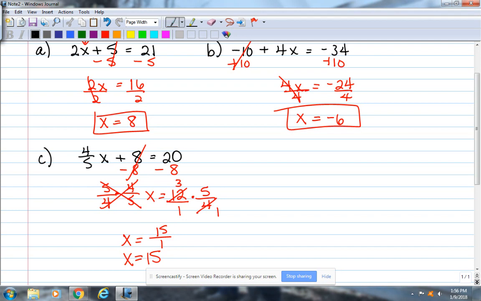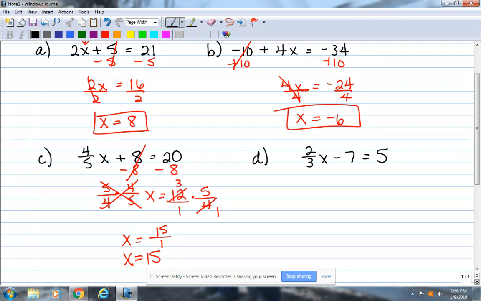Let's see one more like that. Example D, 2/3 x minus 7 equals 5. So we're going to go through this one. And if you have a question on it, stop me. But it's going to be very similar to the one we just did. All right, so I want to get the x by itself.